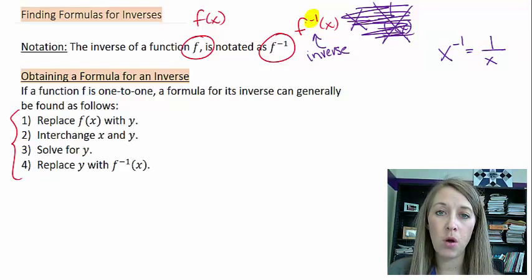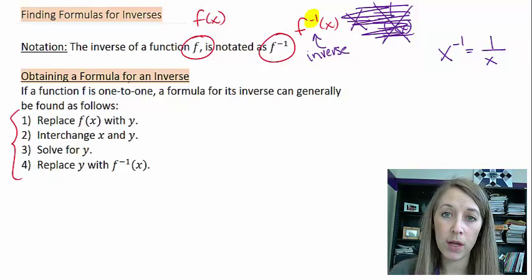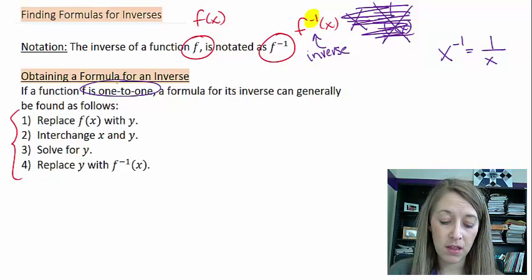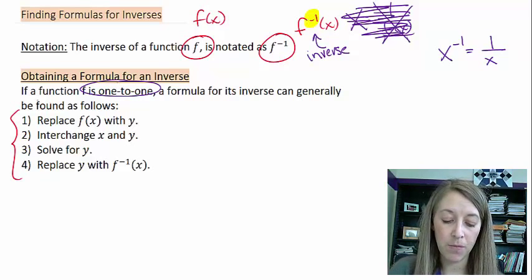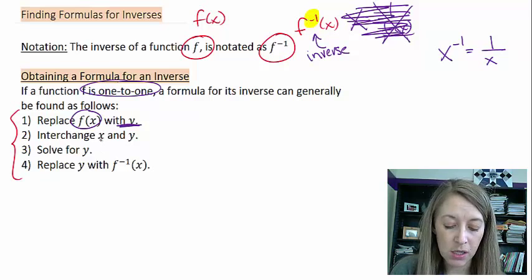Okay, so now that we know how to notate it, how do we actually find it? Well, if we know that our function is 1 to 1, then we can find the inverse by using these steps here. So if our function starts out as f of x, we replace it with y, which we know f of x and y are the exact same things. Again, it's just a different way that it's notated, so no big deal there. We interchange x and y.